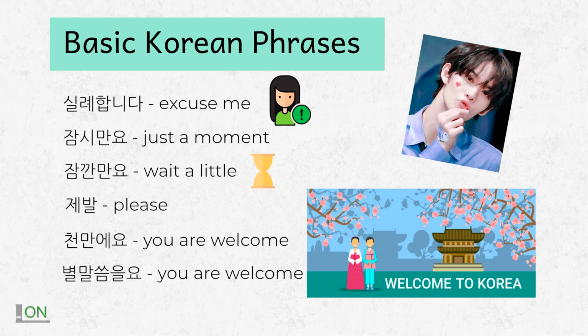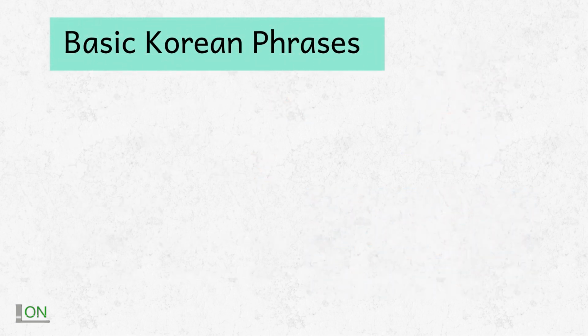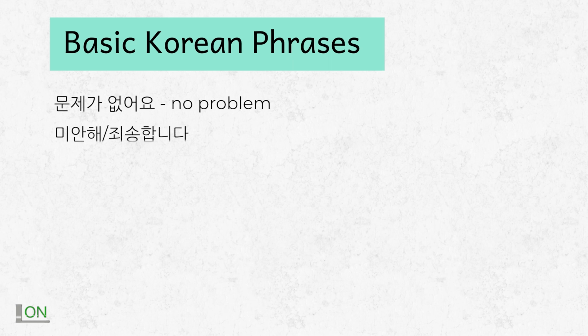There are two ways in Korean of saying you are welcome. But I feel like 천만에요 is used more in books and in writing, whereas 별 말씀을요 is more used in speech. 문제가 없어요, no problem. 미안해, 죄송합니다, sorry.